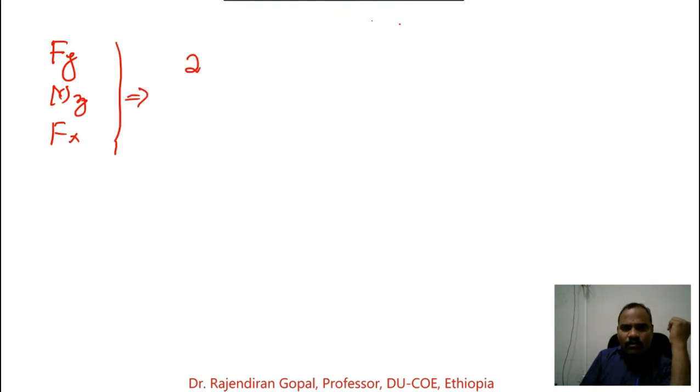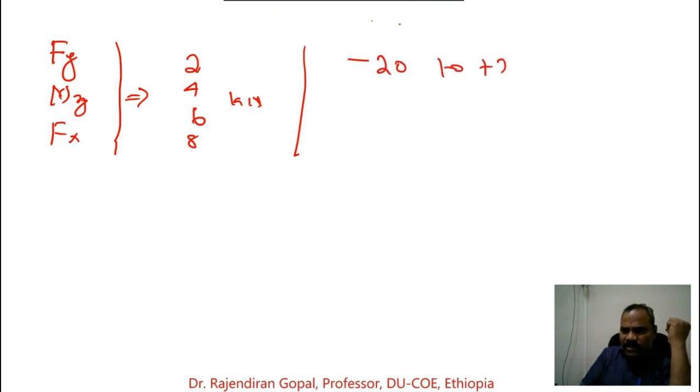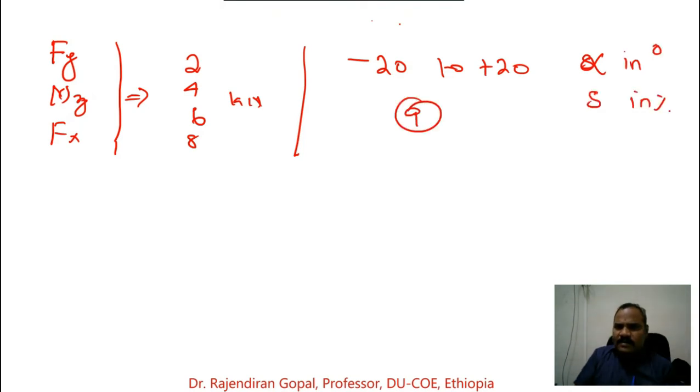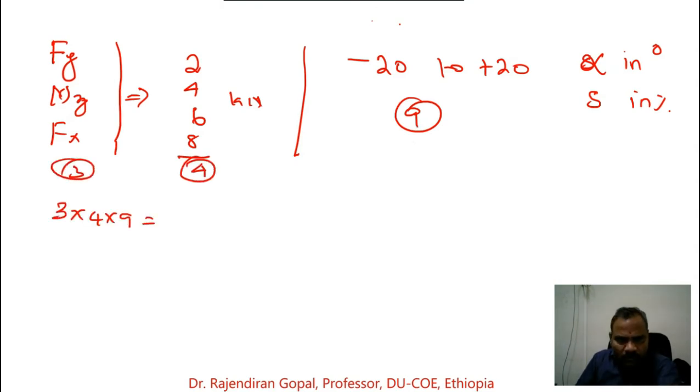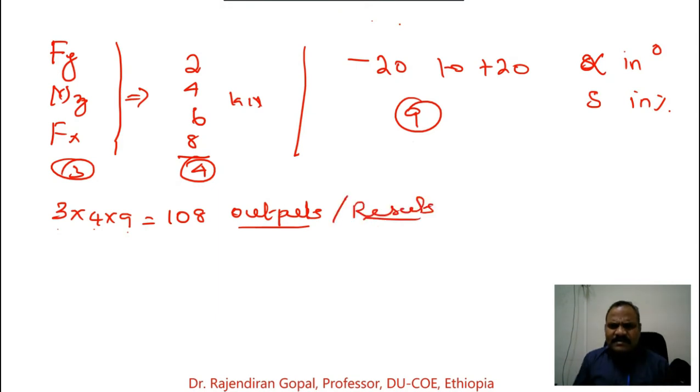Now we have to find out cornering force, aligning torque, braking effort for 4 loads 2, 4, 6, 8 kilonewton with minus 20 to plus 20 slip angle in degree and skid in percentage. This is 9 variables. This one is 4 and this one is 3. So we have to find out 3 into 4 into 9, 108 outputs or 108 results.